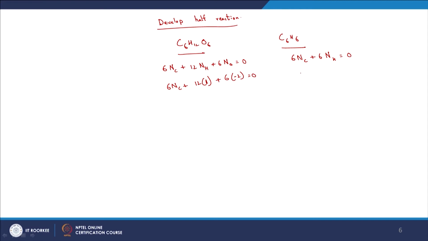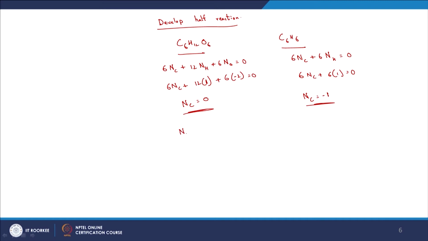And here it's going to be 6 times Nc plus 6 times 1 is equal to 0. Here 12 and minus 12 cancel out. So Nc, the oxidation state of carbon, is 0 in this glucose molecule. And in this particular case, it's going to be equal to minus 1. So what do you need to understand from here now?